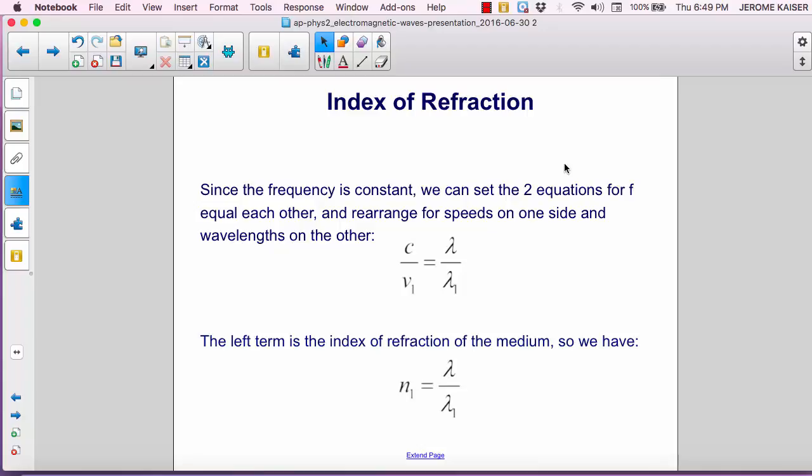If we then rearrange this equation so that the speeds are on one side and the wavelengths are on the other, we get the following expression: c over v1 equals lambda over lambda 1. But we know c over v1 is just the index of refraction of that medium. And so we can see that the index of refraction is also equal to the ratio of the wavelength in vacuum divided by the wavelength in the medium.